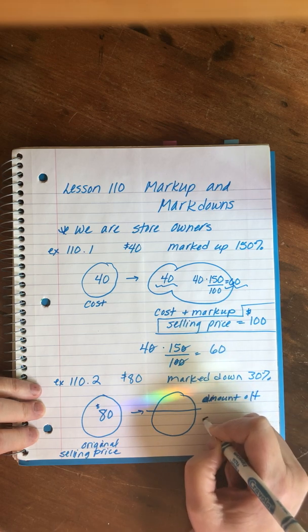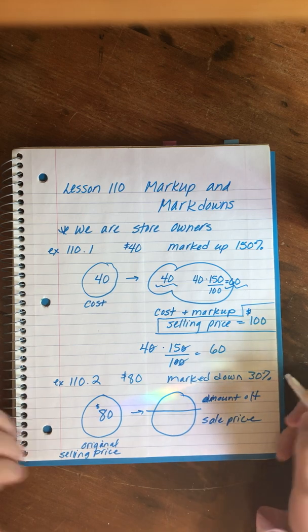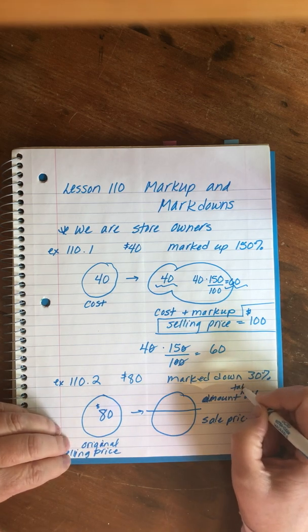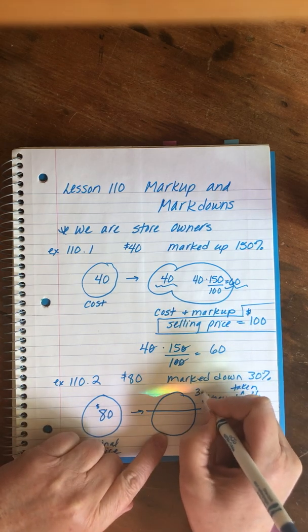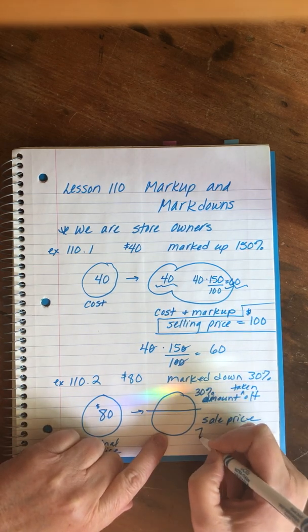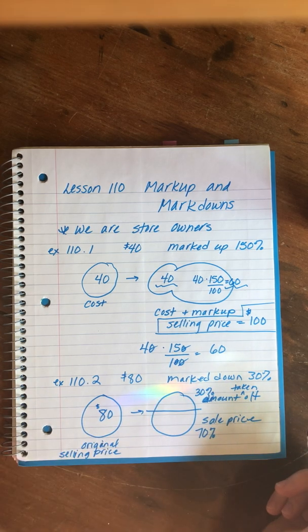And then this is the new sale price, right? It's the amount taken off. Okay. So if it was marked down 30%, that means 30% was taken off. And that means 70% represents the new sale price of the item.